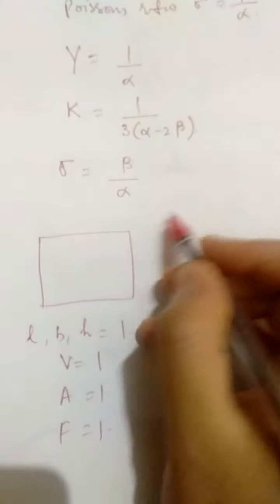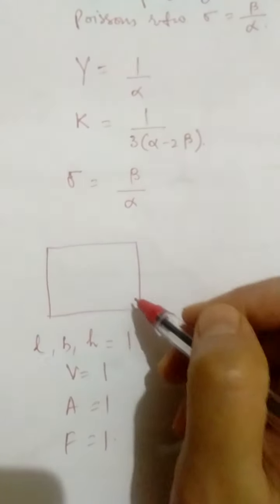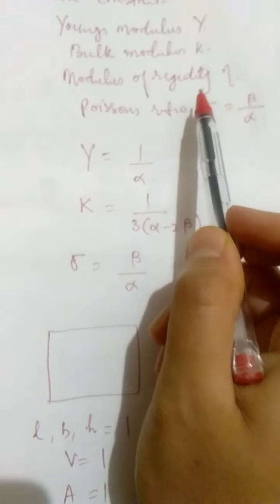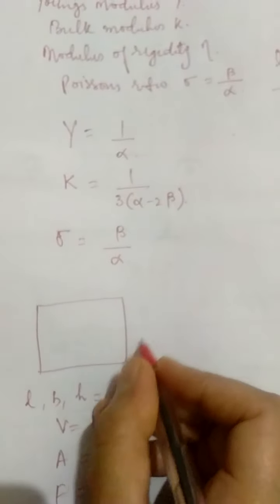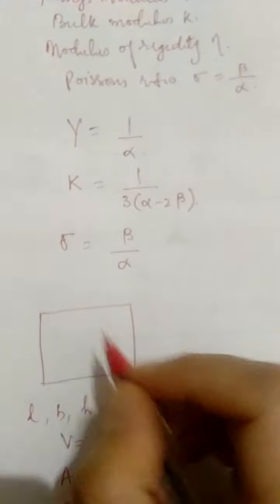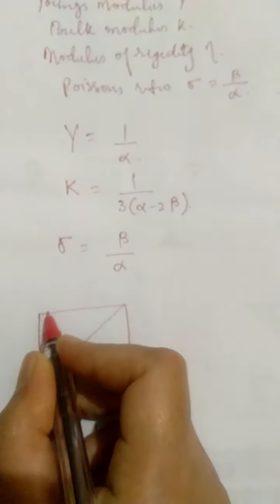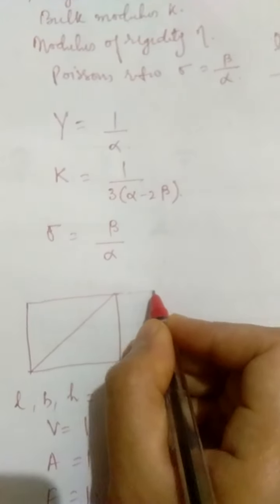Now, when we stretch this cube, this time we are trying to bend it. Remember, at this time we are interested in modulus of rigidity, and modulus of rigidity involves the shear stress, that is, there are angular changes produced in the body. So once we stretch it, suppose this is the diagonal, and now once we apply a force and try to elongate it, it moves in this manner.